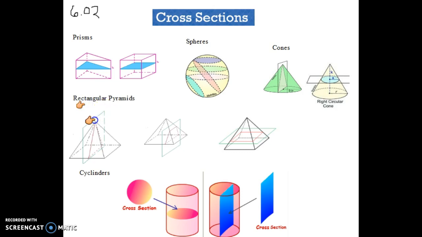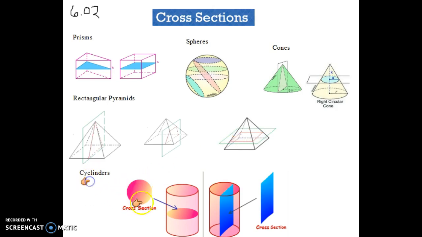If I slice it through the vertex, down the middle, this shape is a triangle. However, if I slice it a little off center, not at the vertex, this shape is a trapezoid. If I slice it horizontally, I'm going to get a rectangle.